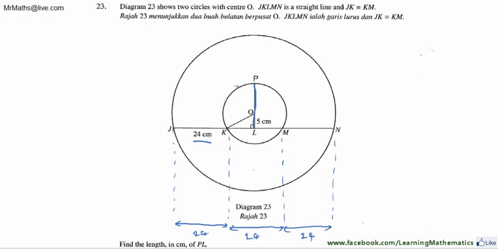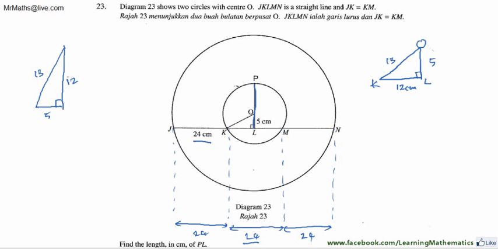That means we can take out the triangle of our interest, which is O, L and K. This is a right angle triangle. KM is 24, so KL is half of 24, which is 12 cm. And OL is 5, so you know that OK is 13. Remember the popular triangle in Pythagoras theorem: 5, 12 and 13.